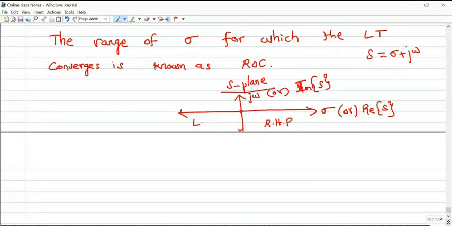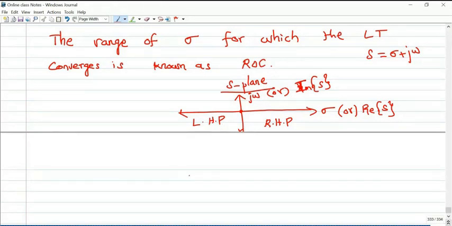Minus infinity to 0 is called the left half plane. Okay, so this is the structure of the S plane. Sigma on the x-axis, j omega on the y-axis. Origin, 0 to infinity, this area is called the right half plane. Minus infinity to 0 is called the left half plane.